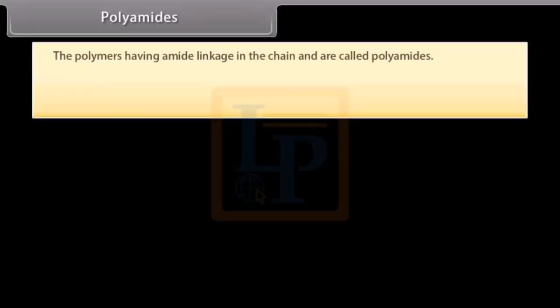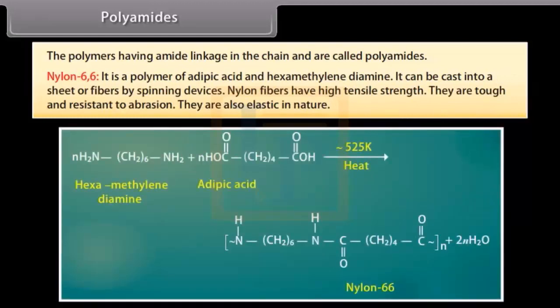Polyamides. The polymers having amide linkage in the chain are called polyamides. Nylon 66. It is a polymer of adipic acid and hexamethylenediamine. It can be cast into a sheet or fibers by spinning devices. Nylon fibers have high tensile strength.